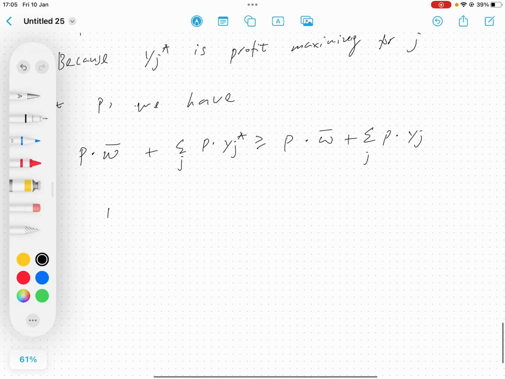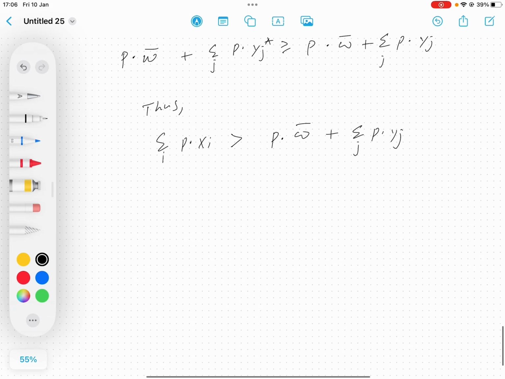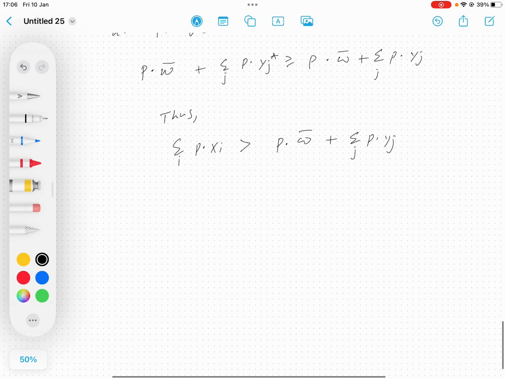Then the summation over i of p xi is greater than p omega plus p yj, from all the above. But this means that this x, y cannot be feasible.